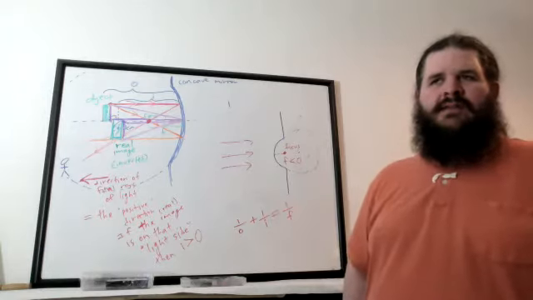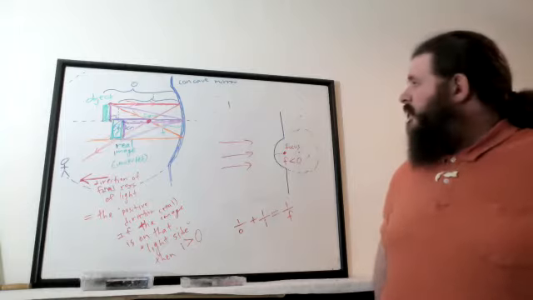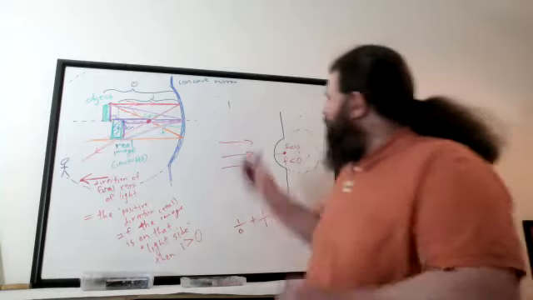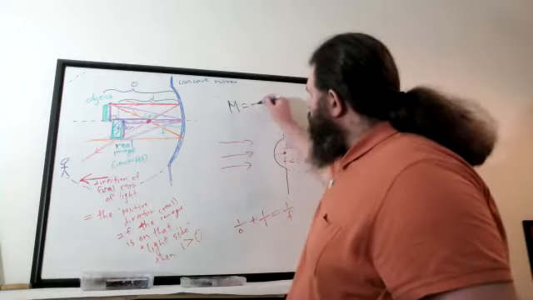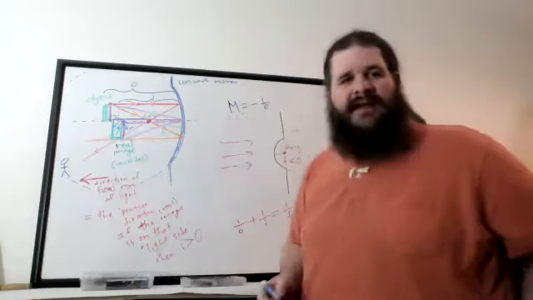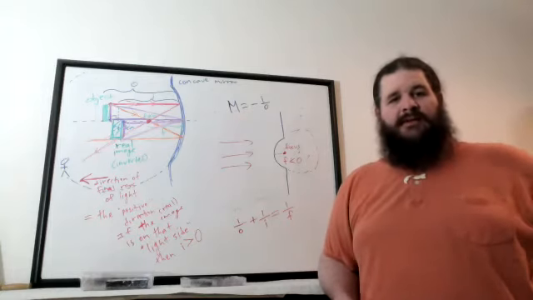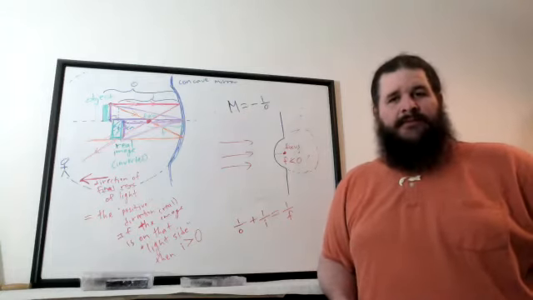If you're doing things like comparing sizes, like if you want to know, is the image bigger or smaller than the object? Going back to the magnification equation, when you calculate M, the magnification, positive or negative values for M are just telling you whether the image is right side up or upside down.